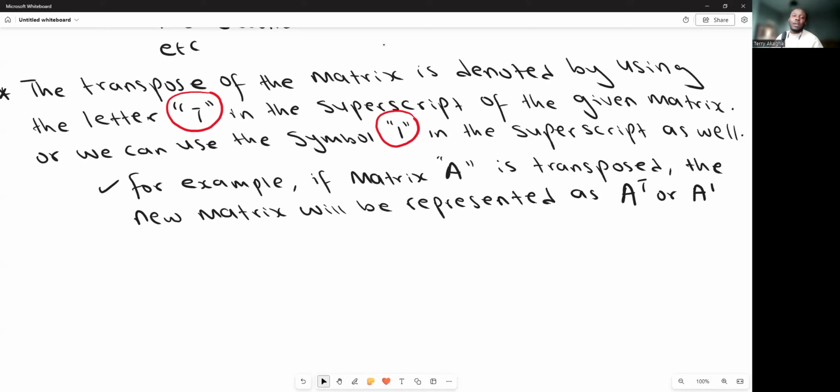Does that make sense? So that's how you do it. The transposing of a matrix is basically the rows becoming columns and the columns becoming rows.